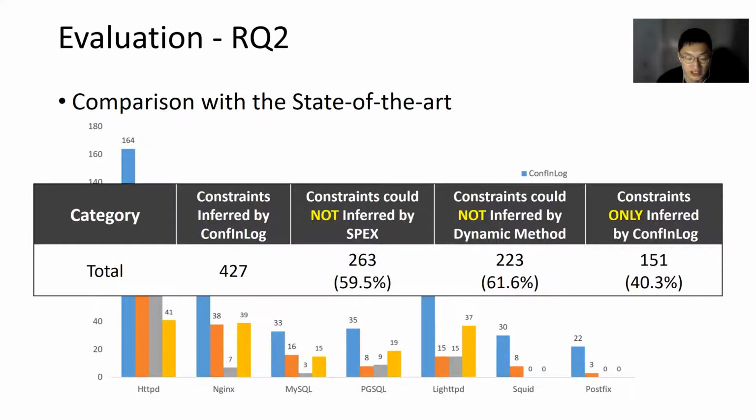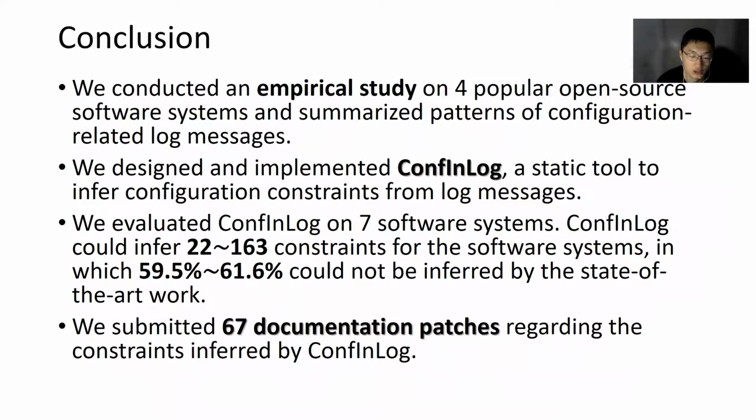The result shows that ConfInLog could be an effective complement to previous work. To sum up, we found that log messages could be used to infer configuration constraints. We design and implement ConfInLog, a static tool to infer configuration constraints from log messages, and the experiment results prove its effectiveness. Thank you very much.